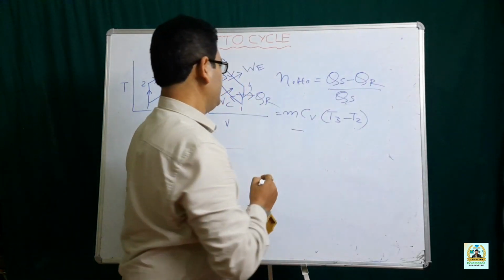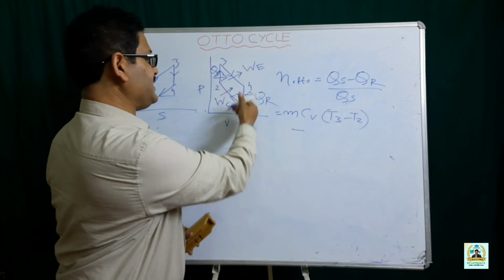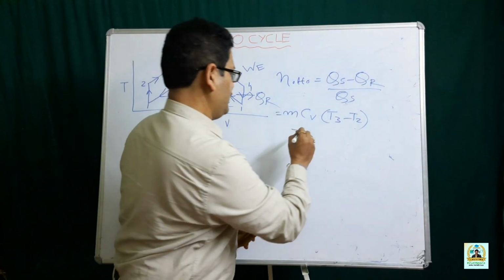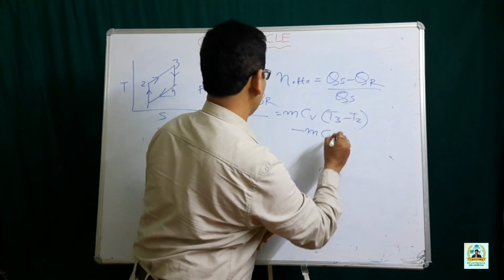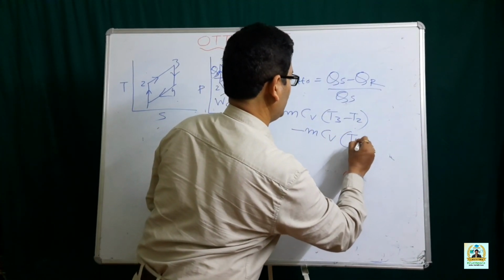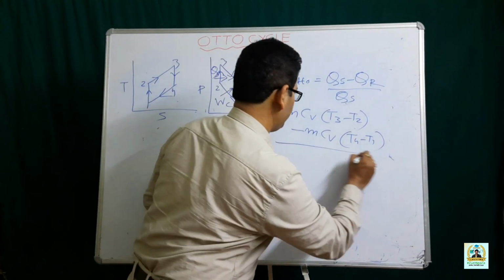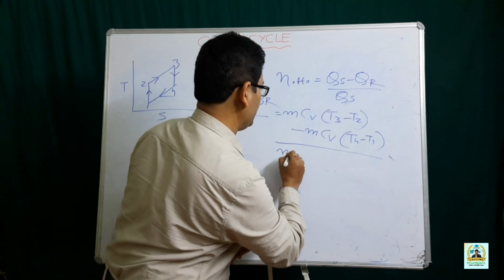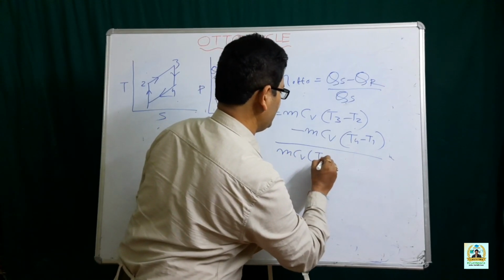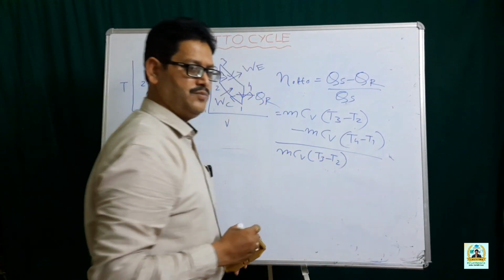Similarly, the heat rejection is represented by 4-1, so this is mCv into (T4 minus T1), divided by heat supplied, that is mCv into (T3 minus T2).